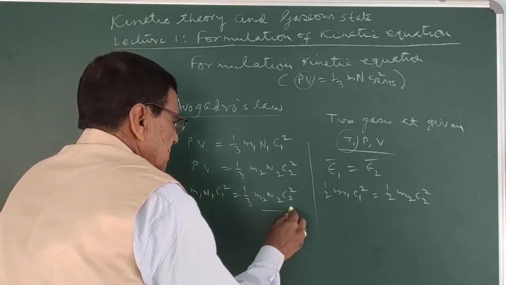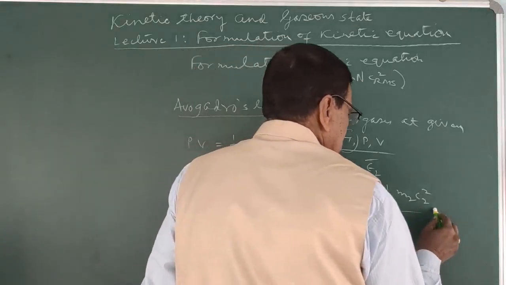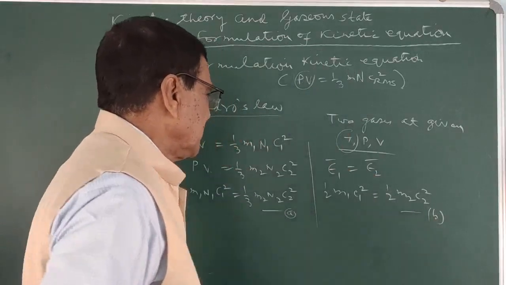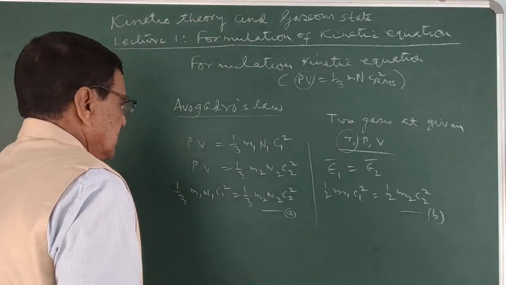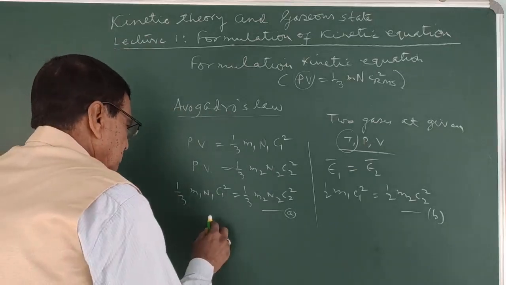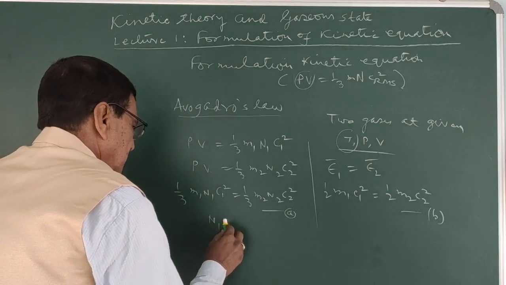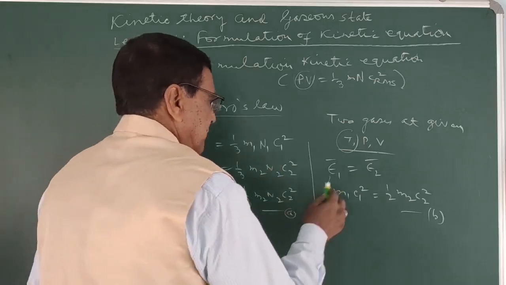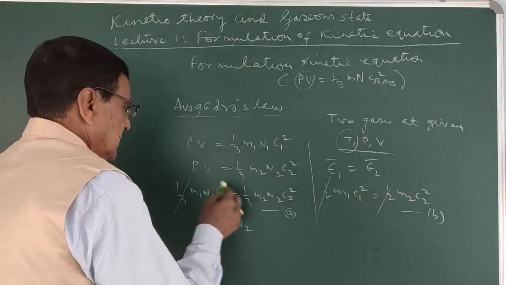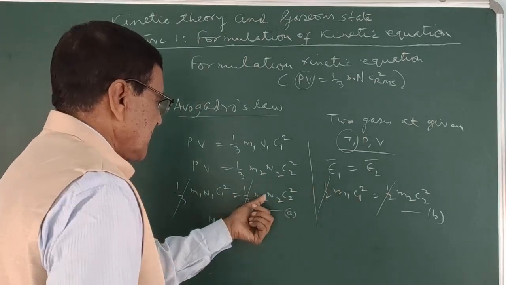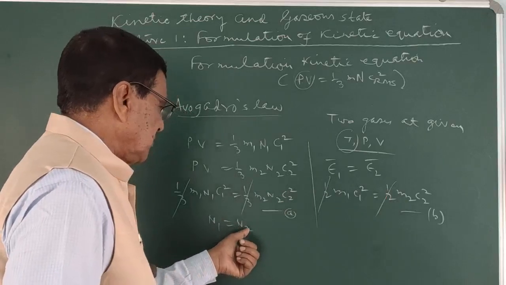This is equation number B, and the earlier one is equation A. If we divide B by A, the half cancels, the 1/3 cancels, and dividing left hand side by left hand side, right hand side by right hand side, N1 equal to N2.